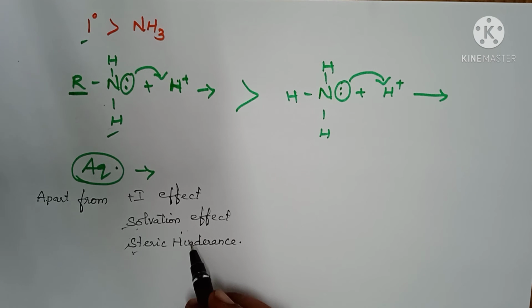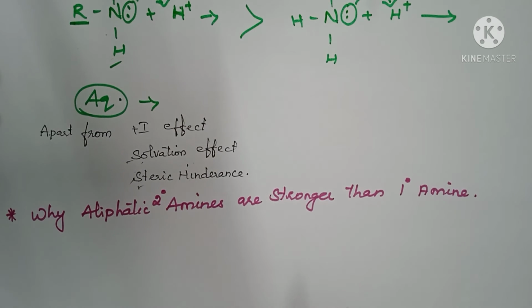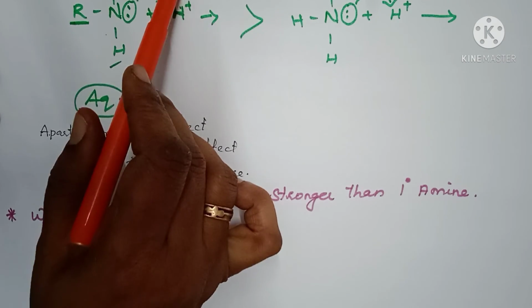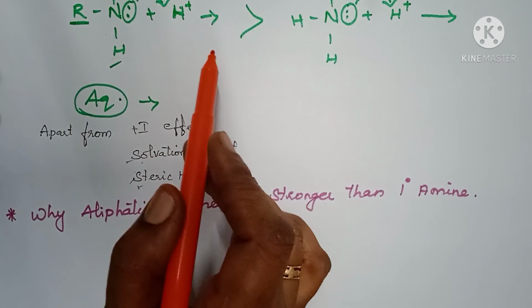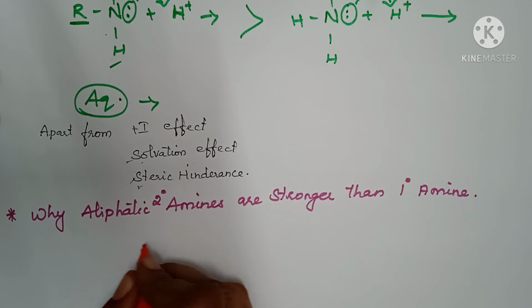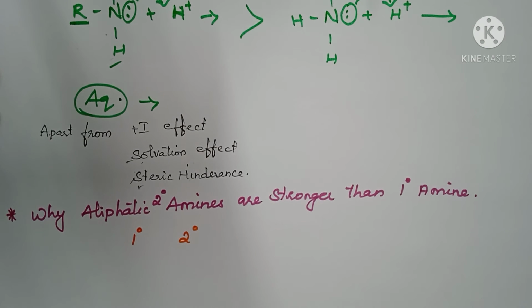Next point. The first point was whether amines or ammonia is stronger. Naturally amines are stronger, we have proved that point. Second point, primary amines or ammonia: primary amines are stronger, that we also proved. Here in this point, the question is whether primary amines or secondary amines are stronger.